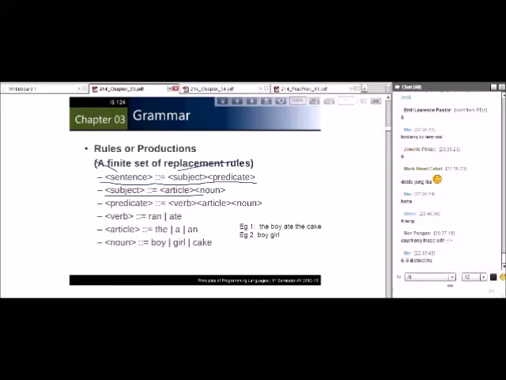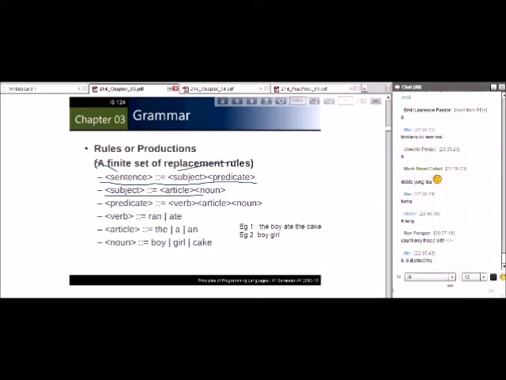Now, if we want to produce a parse tree to check if it has syntax error or it is valid, we have to select one of these non-terminals as our starting point. Hindi ka basta-bastang pipili lang ng non-terminal. Dahil non-terminal siya, sige, I can produce a parse tree here.